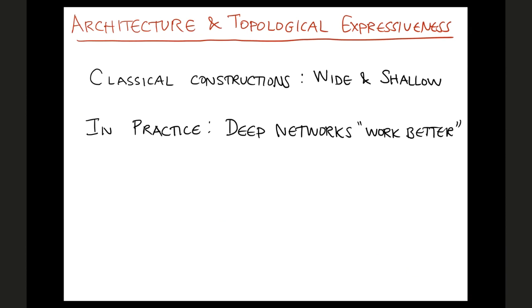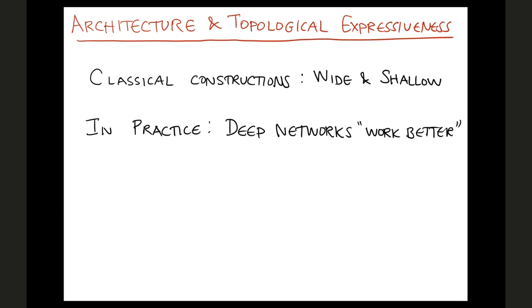And then there's the practical expressiveness question, which is: if you start with random parameters assigned to this architecture, will a machine learning algorithm find that good modeling set of parameters?